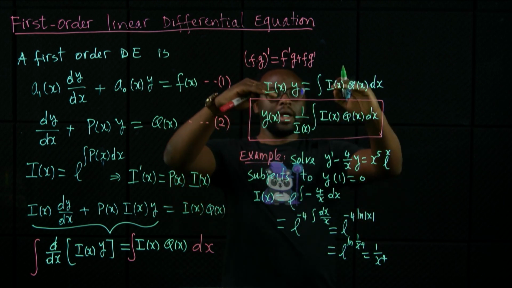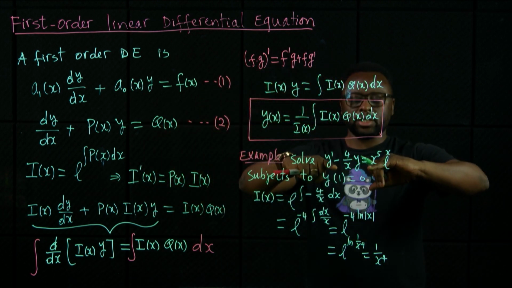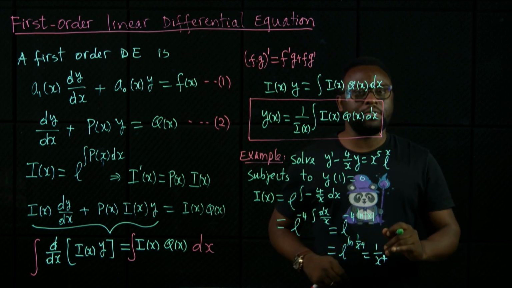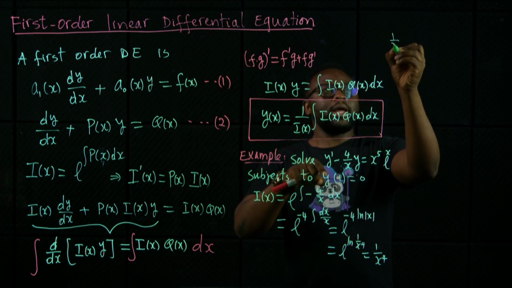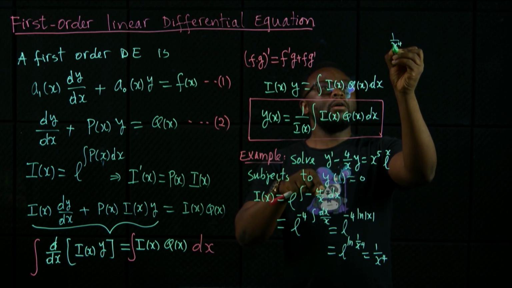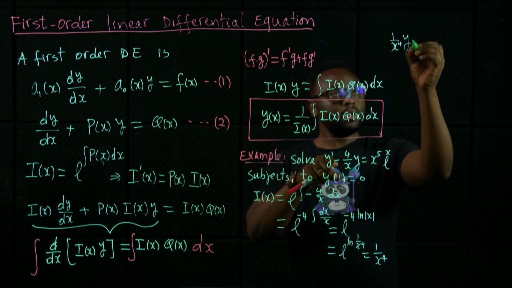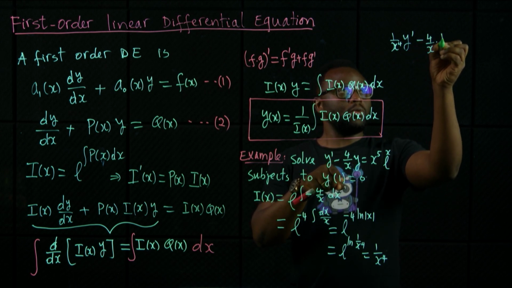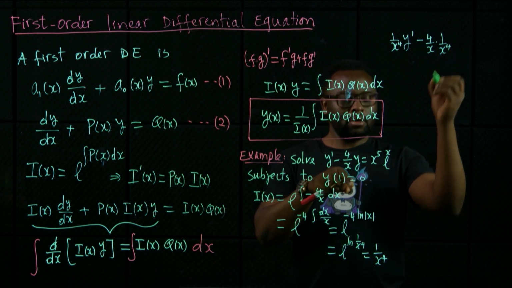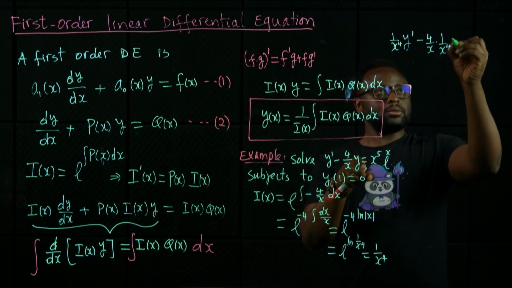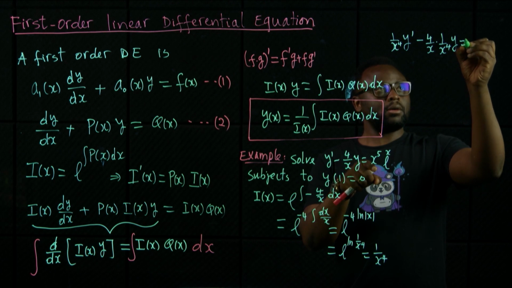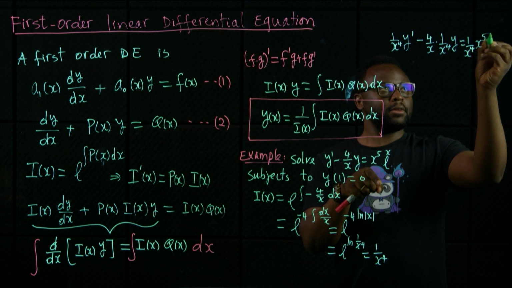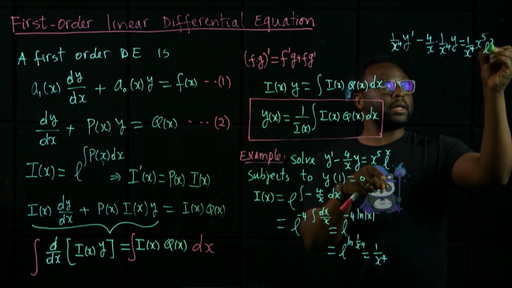Let's then multiply the original equation by the integrating factor, 1 over x to the power 4. This is 1 over x to the power 4 times y prime minus 4 over x times 1 over x to the power 4 times y, equal to 1 over x to the power 4 times x to the power 5 times e to the power x.